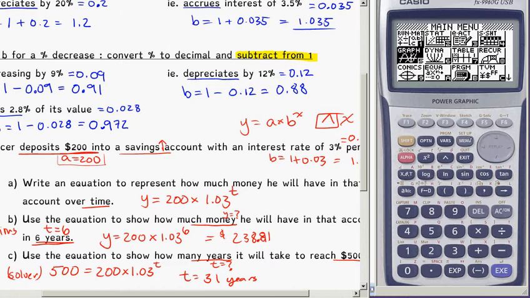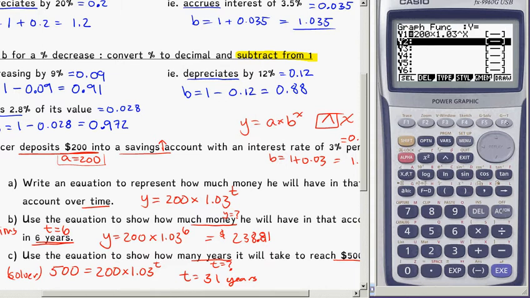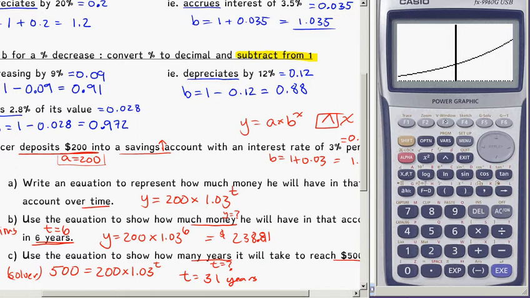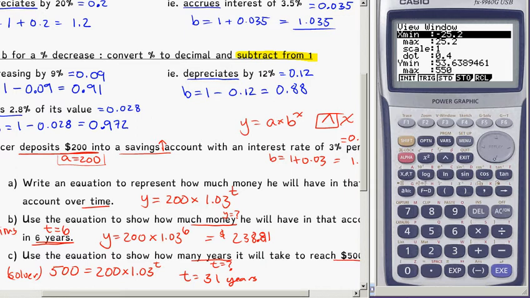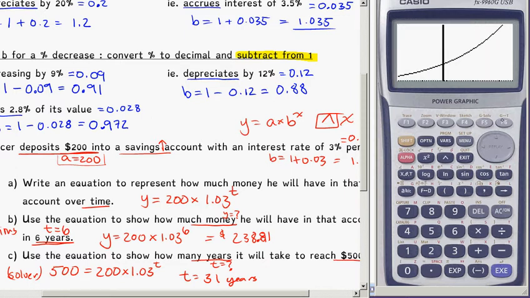Means we just need to zoom out even further. So draw, and let's make this X max something like 40. Make it bigger, go further in time. And again, gsolve, xcalc 500.